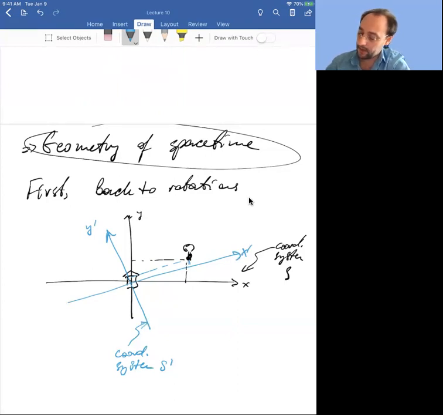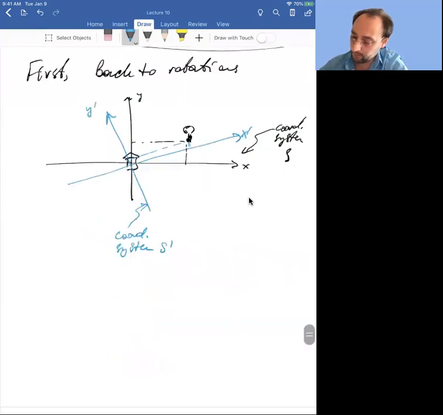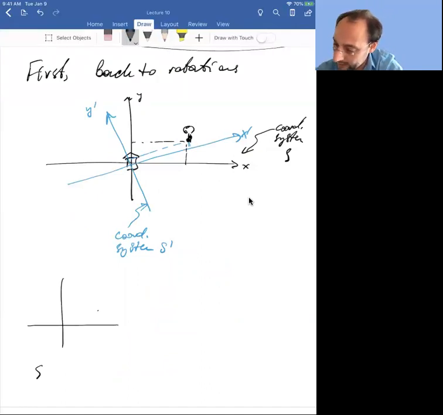So if I was to draw each of these coordinates separately, so here's my coordinate system S. In coordinate system S, the point is here. In coordinate system S prime, that same point is here.